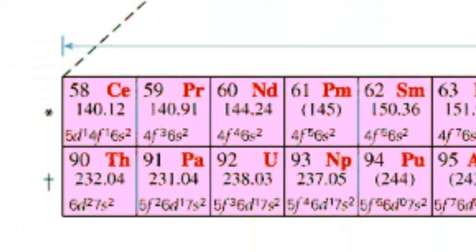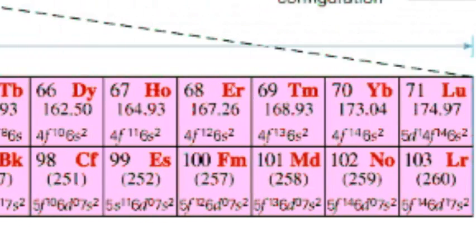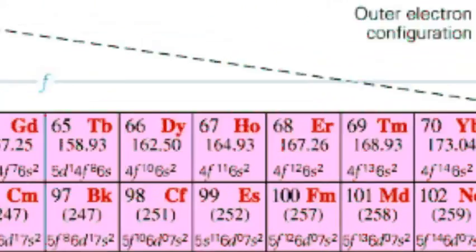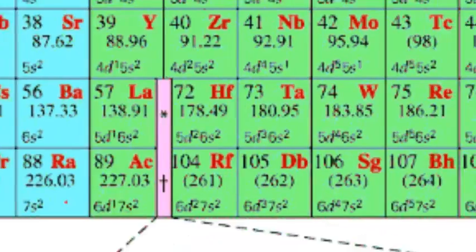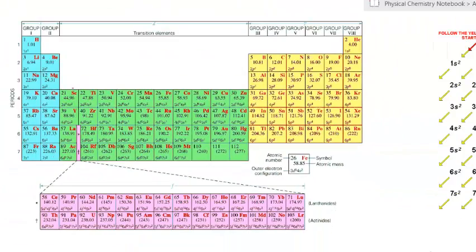You fill up the f orbitals, starting from 4f1 through to 4f14, and that fills them up completely. Then you go back and fill up the 5d before filling up the 6p. That follows the same order, but it's written in the periodic table. And the same thing happens for when n equals 7.